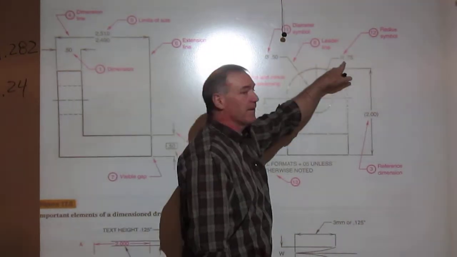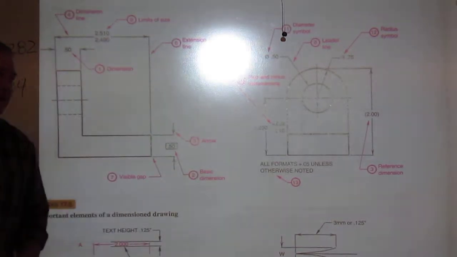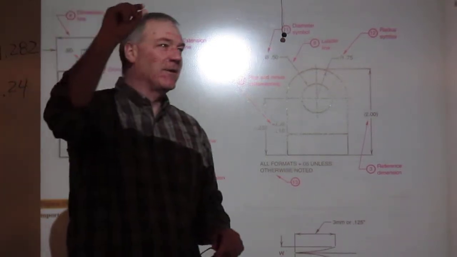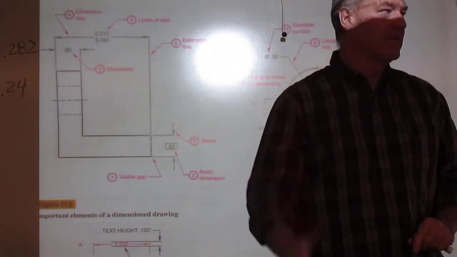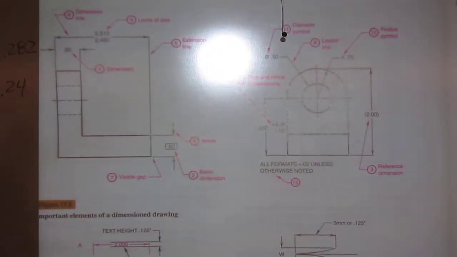Okay, this one right here. So a portion of a circle gets radius. It doesn't matter if it's 359 degrees and we've got one little 1 degree arc out. You use radius. If it's all the way, full circle, use diameter. Any questions on those two?